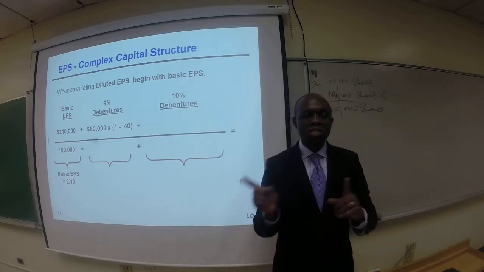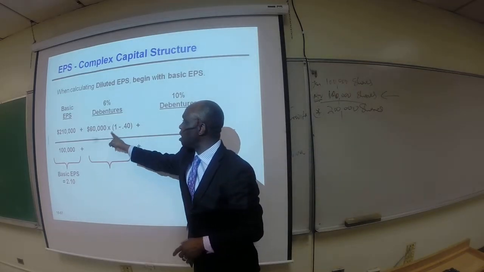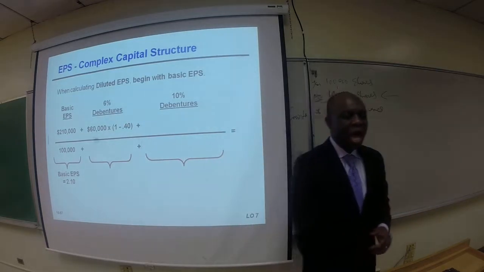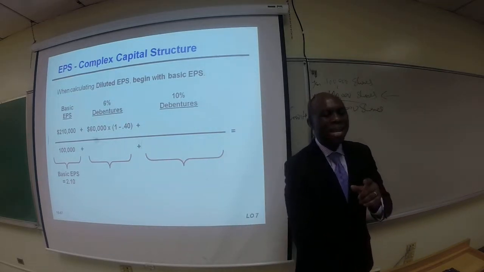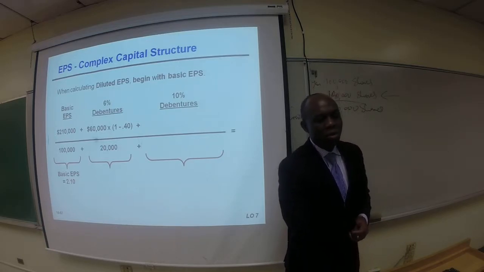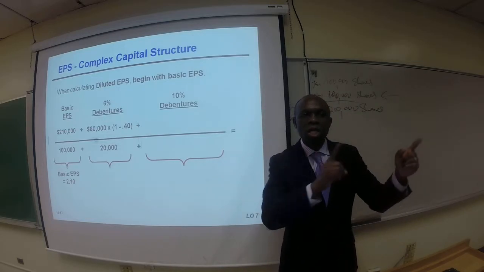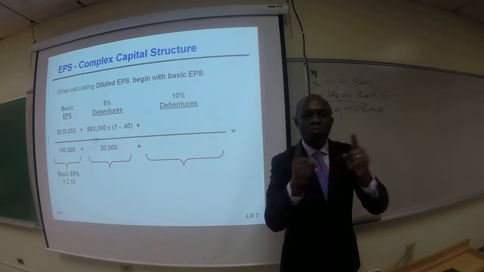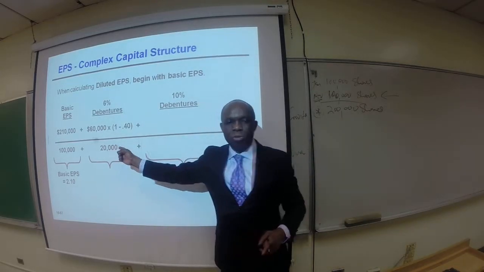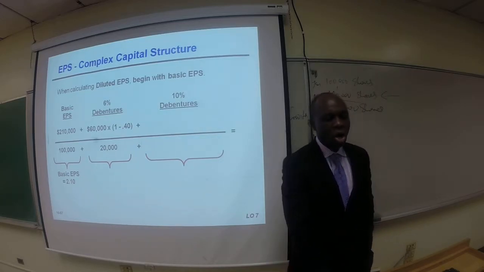So 60,000 minus 40% of 60,000, or we can just say 60,000 multiplied by 1 minus 0.4, and we are adding back the interest expense net of tax. If the assumption is the debentures were converted to common stock, then the numerator needs to be increased, because they could be converted to 20,000 common shares.